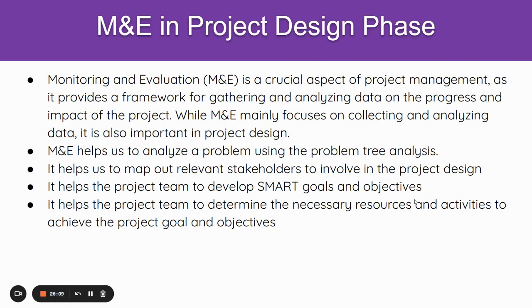What are the project activities? Project activities are the work we do to achieve the project outputs. What are the work we do? It could be training, it could be mentoring, it could be assessment, it could be a workshop, it could be construction, it could be anything. Whatever we do to make sure we achieve the project output, they are activities. While outputs are the product from the activities. If we conduct a workshop, the product from the workshop is knowledge.